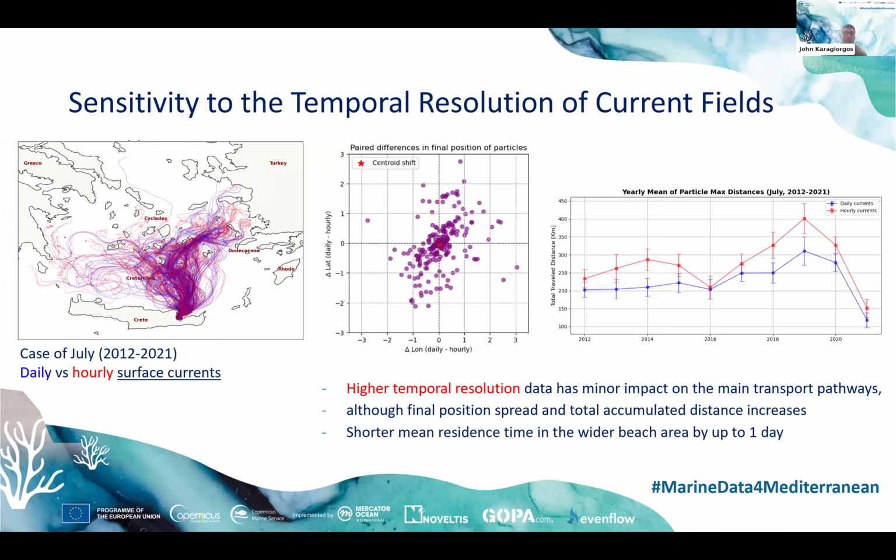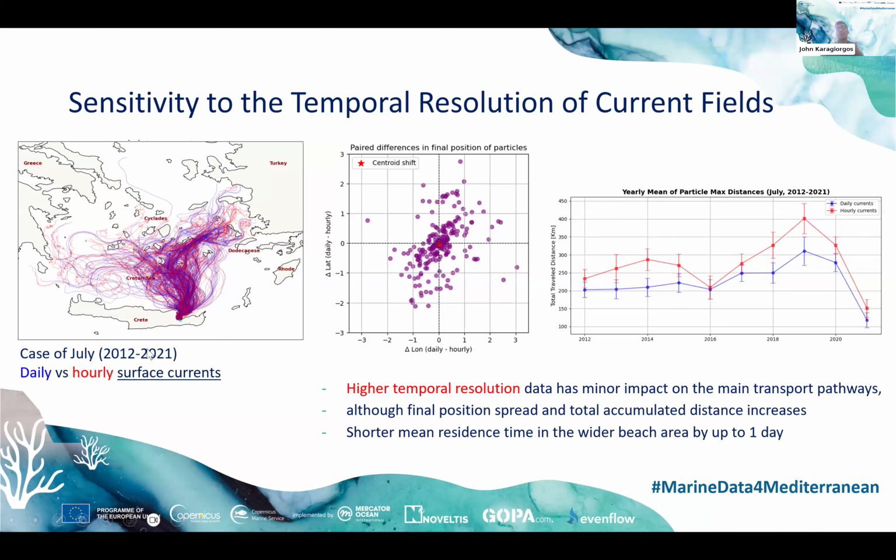Here we present the results regarding the temporal evolution of current fields. For a representative month of July and the whole 10-year period, we compare the trajectories between the simulations with hourly surface currents and daily surface currents. As you can see in the left panel, the main pathways are largely unaffected, despite the frequency of the resolution.